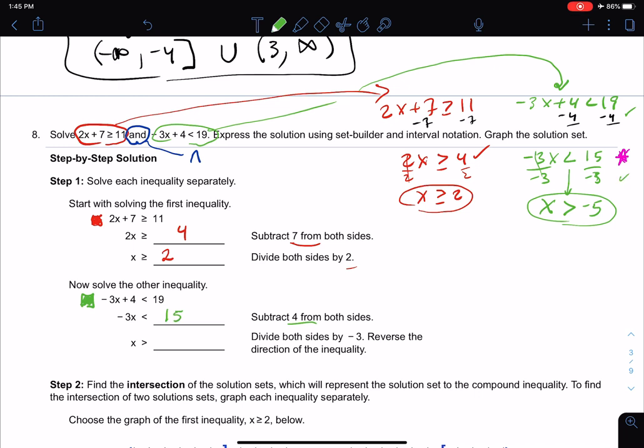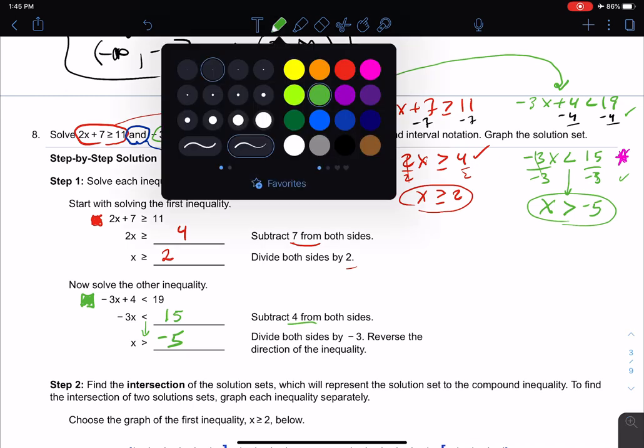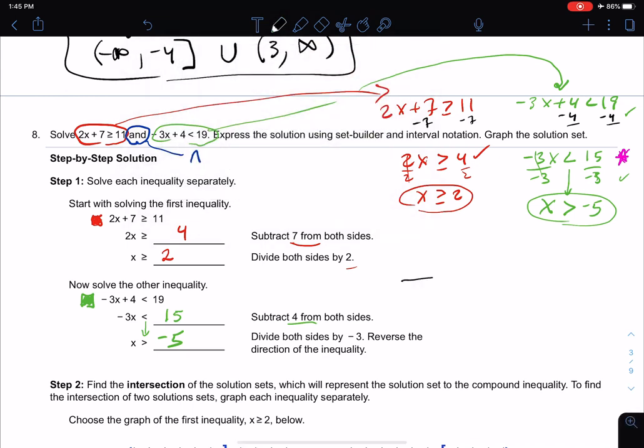I want it to be very clear that you had to change the direction of the inequality. And when we did that, 15 divided by negative 3 gave us negative 5. So we're filling out that information.